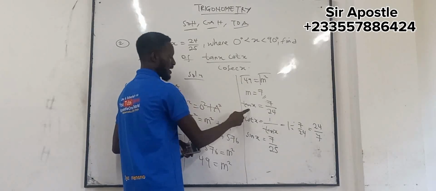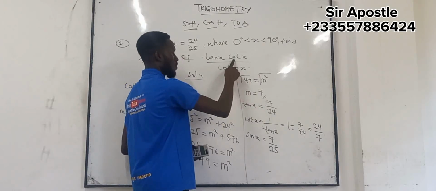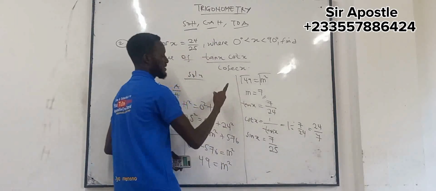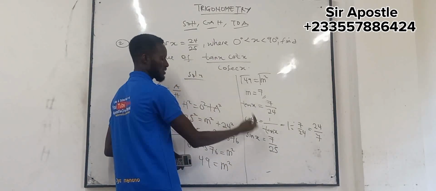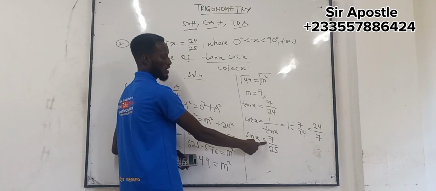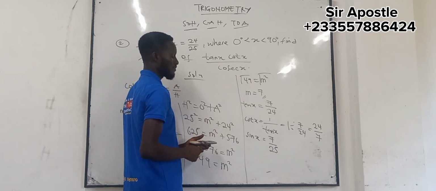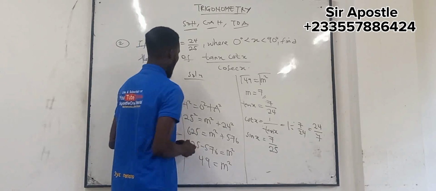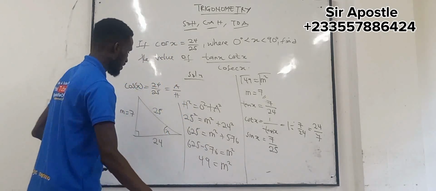So this is what we need from the question. We need the tan x. Tan x is 7 out of 24. We need cot x, which is 24 out of 7. We need cosec. For cosec, we have to get the sine first. The sine is 7 out of 25. So let's solve our cosec.